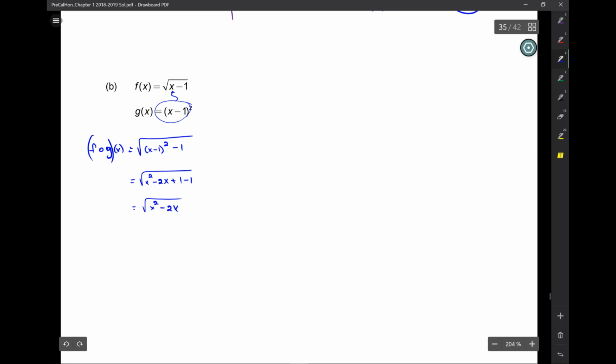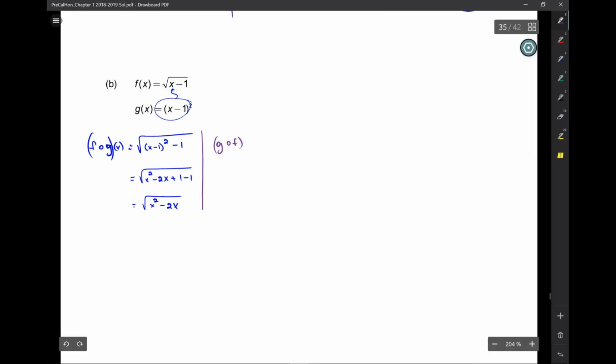If I just took out the x minus 1... You took a square root? Right, so we can't do that, because if we have the square root of 9 minus 4, that's not the same as 3 minus 2.